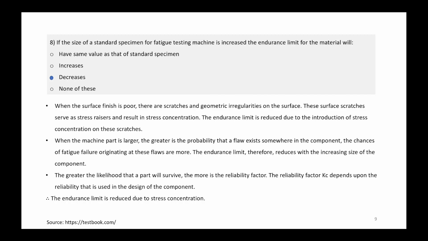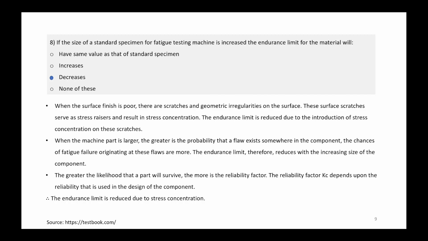When the machine part is larger, the greater is the probability that a flaw exists somewhere in the component, and the chances of fatigue failure originating at these flaws are higher, and the endurance limit therefore reduces with the increasing size of the component.